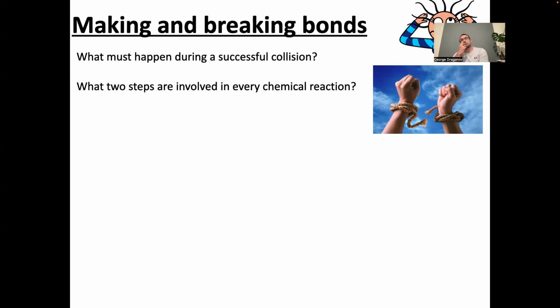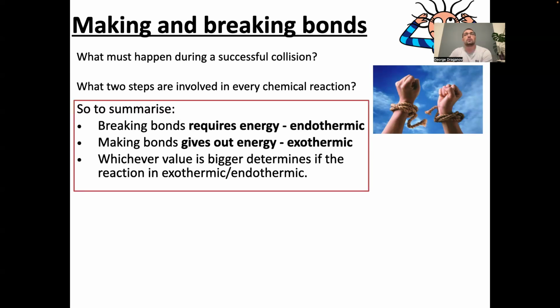Now, what two steps are involved in every chemical reaction? Well, the reactant bonds need to break and new bonds need to form on the product side. To summarize this principle, think of having your hands tied by a rope. In order to break that bond, you've got to have a lot of energy to break it apart.